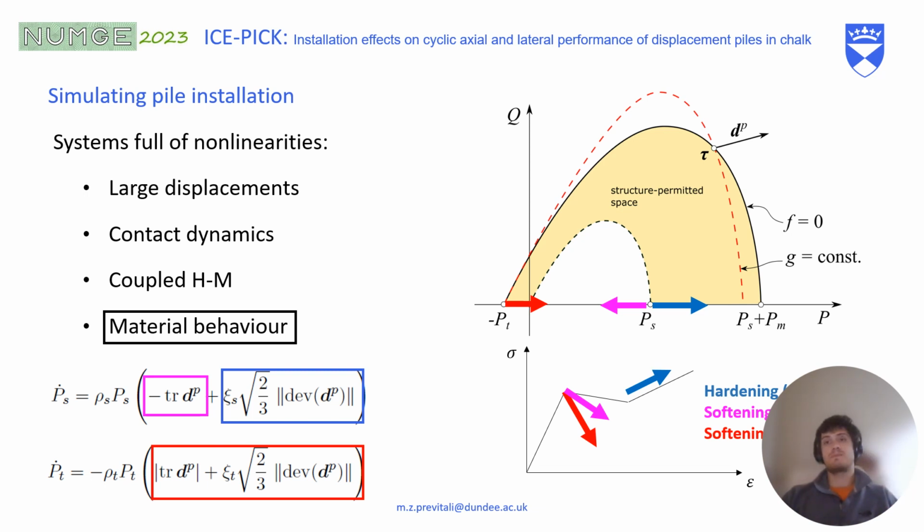PT is the tensile strength of the material, so it can be calibrated from Brazilian tests, and PS is what would typically be the size of the surface in any isotropic hardening model.